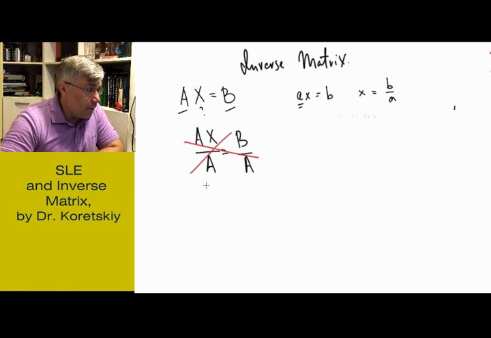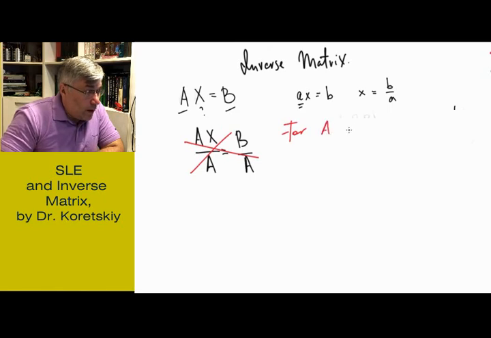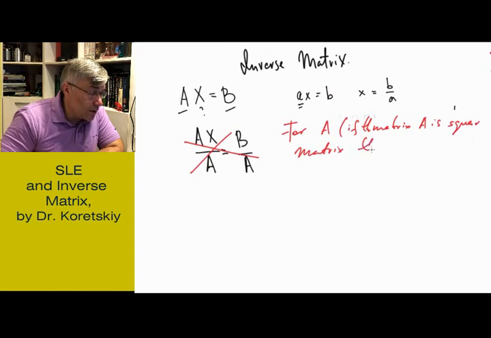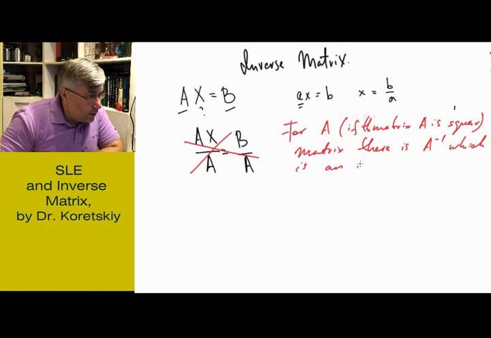If matrix A is a square matrix, there is a matrix A raised to the power minus 1, which is an inverse matrix, so that A minus 1 times A equals the identity matrix.